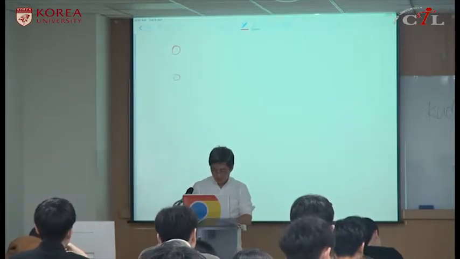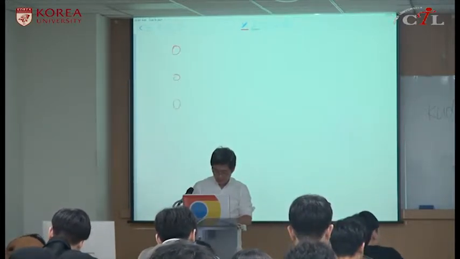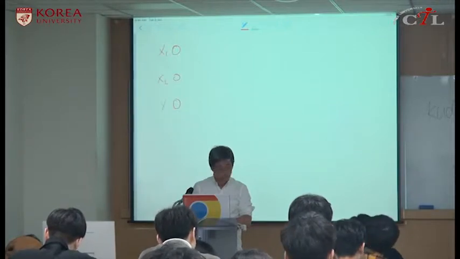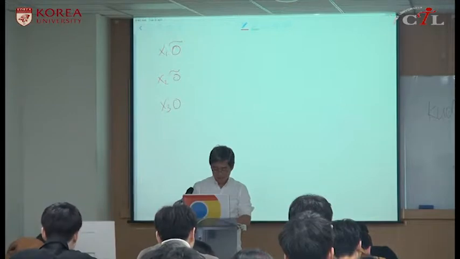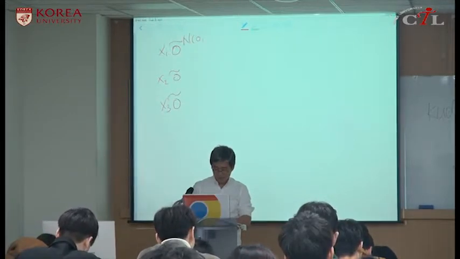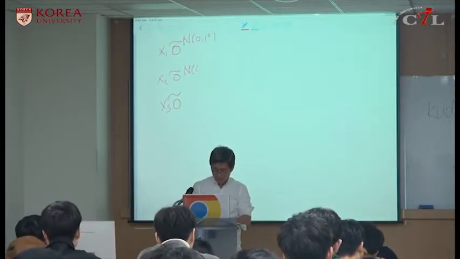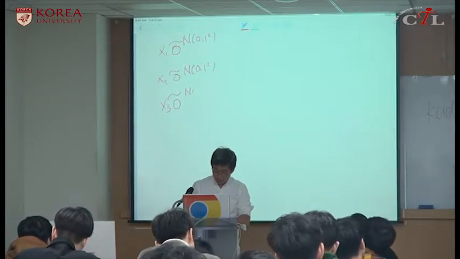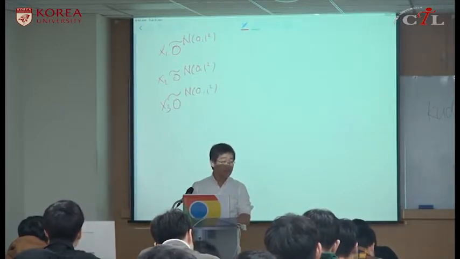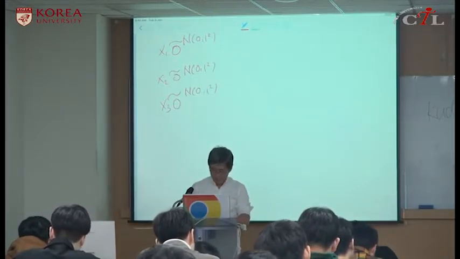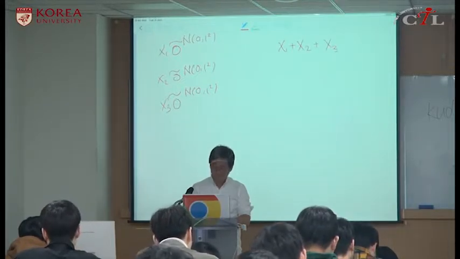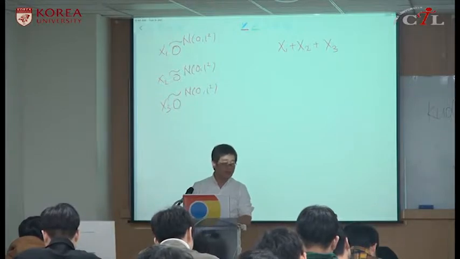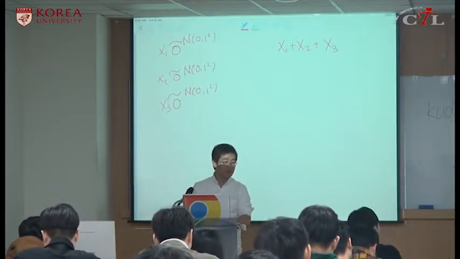Let's think of this situation where we have x1, x2, and x3, and let's consider these are random variables from this unit standard Gaussian, and then let's think of the summation of these 3 numbers, okay?